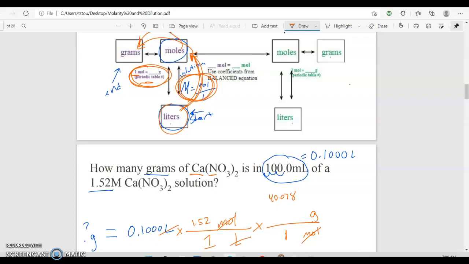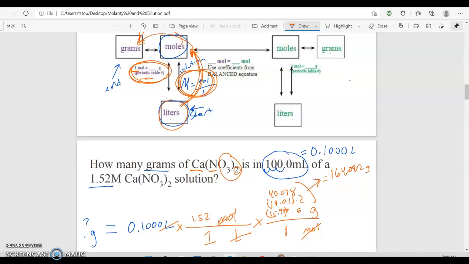I'm going to look up nitrogen. There happens to be 2 of them. Each nitrogen is 14.01, so I'll times by 2. I'm going to look up my 6 oxygens. Each oxygen is 15.999. So I'll add all those up using my calculator, and I got 164.092 for the molar mass, or the number of grams there is per mole.